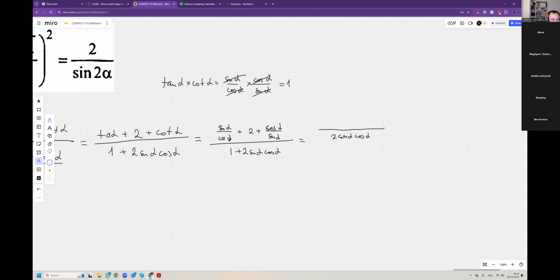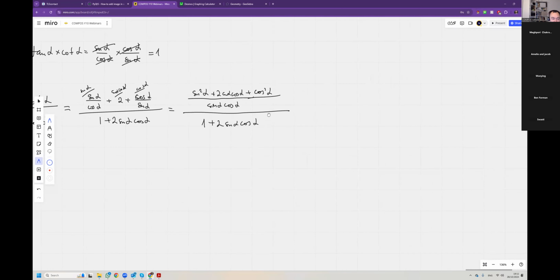And we get sine squared alpha plus 2 sine alpha cos alpha plus cos squared alpha. And on the bottom we have 1 plus 2 sine alpha cos alpha.